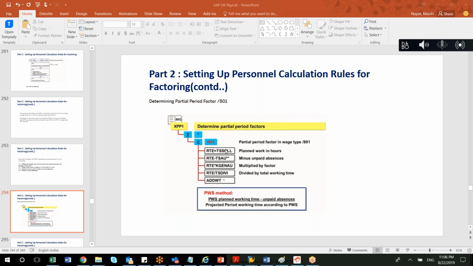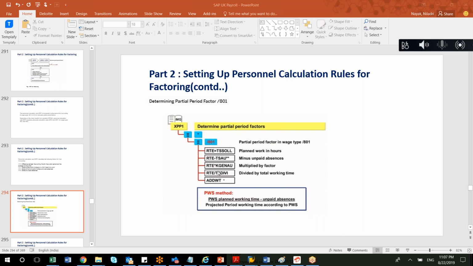Now we have seen the numerator part. Similarly, it is multiplied by a factor, which comes from the constant KGENAU. K is for the calendar days, and it will come from that. After that, you divide it by the total working time, so that is your denominator, the projected period working time according to PWS.